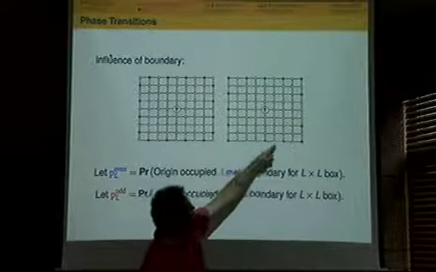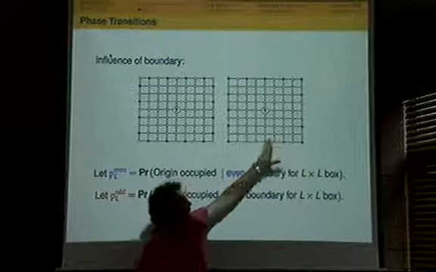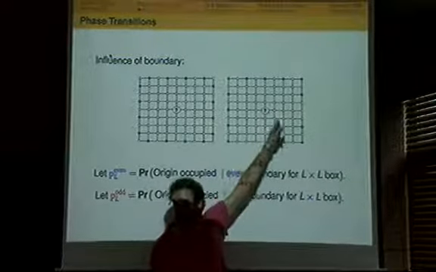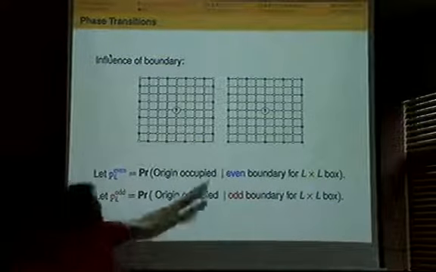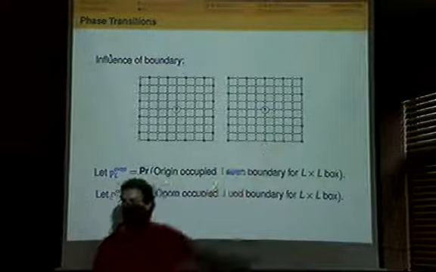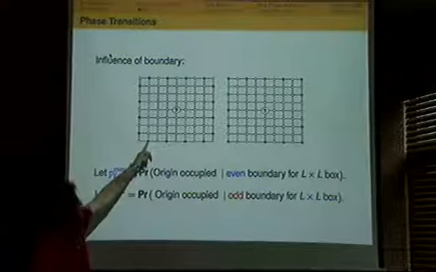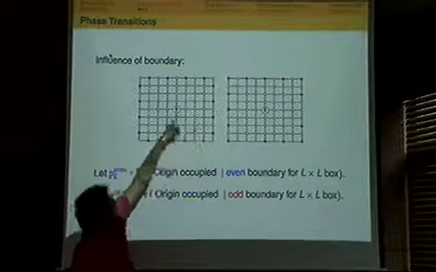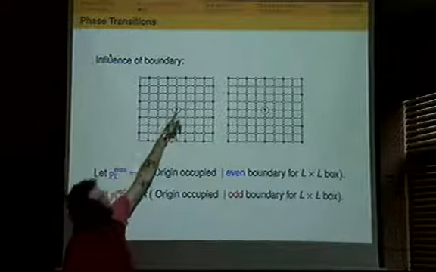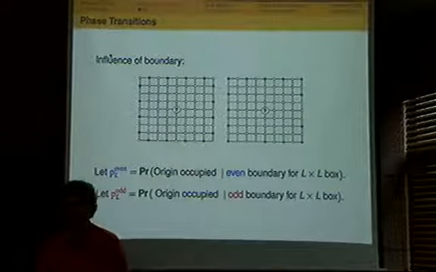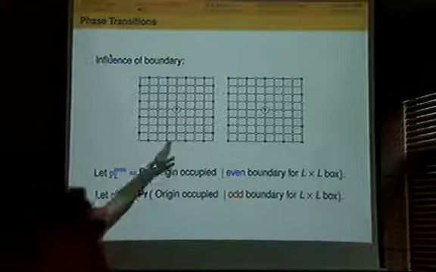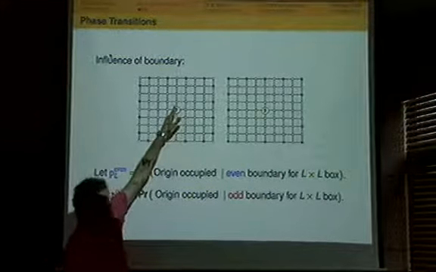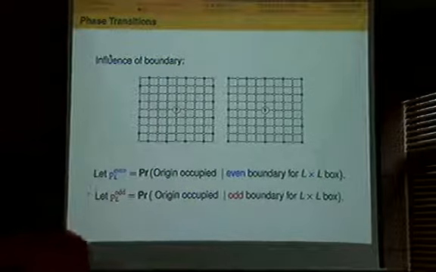And by fixing the even ones to be occupied, I'm encouraging the origin to be occupied too when lambda is big. If lambda is small, it doesn't really matter what I do on the boundary. And then over here, by fixing the odd to be occupied, I'm discouraging the root to be occupied when lambda is big, in some sense. I mean, the maximum independent set does not contain the origin when I fix that.